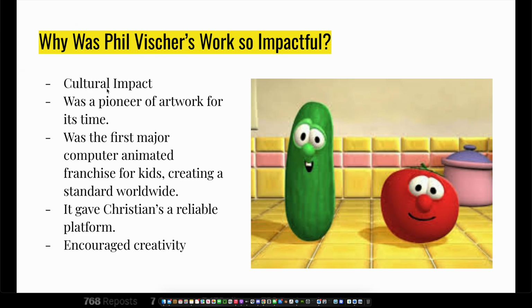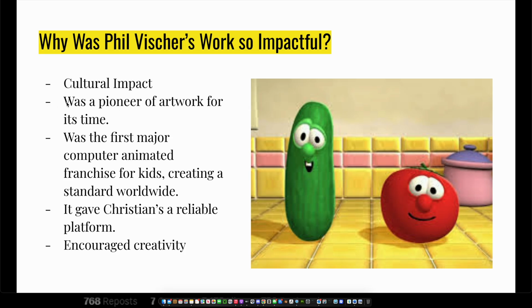Not only because it has a cultural impact, not only on Christians, but on the world as a whole, because a lot of people know of VeggieTales, and Christians love it because it's been the basis of film for them. Back when VeggieTales was so big, it was not only going to parents who had little ones or to churches that wanted to give their kids something to watch, but it was watched by Christian college kids, which is insane.